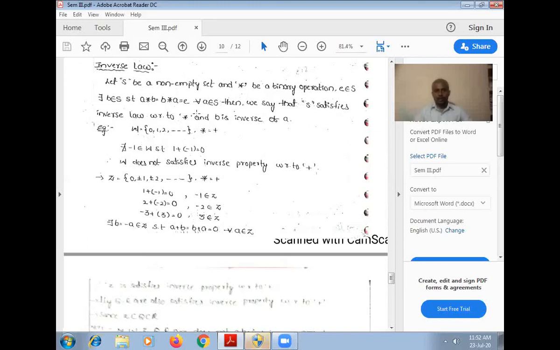For any element in Z, its inverse exists here. So 1 plus of -1 equal to 0; here -1 belongs to Z. 2 plus of minus 2 equal to 0; minus 2 belongs to Z. Minus 3 plus of 3 equal to 0; 3 belongs to Z. So the identity element with respect to addition is 0. So there exists b equal to minus a belongs to Z such that a plus b equal to b plus a equal to 0, for all a belongs to Z.